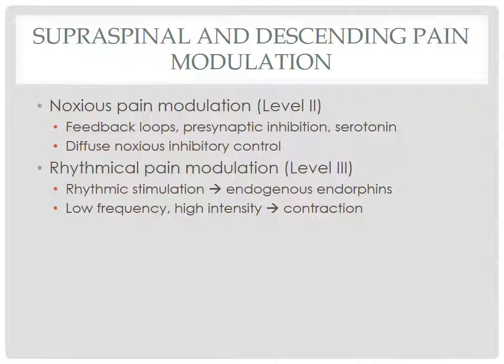Rhythmical pain modulation is your level 3, and this involves rhythmic stimulation that increases the production of your endogenous endorphins. Again, this utilizes, even more so on a systemic level, the ability to reduce pain. One of the hallmarks of this type of pain relief is that you get prolonged pain relief.